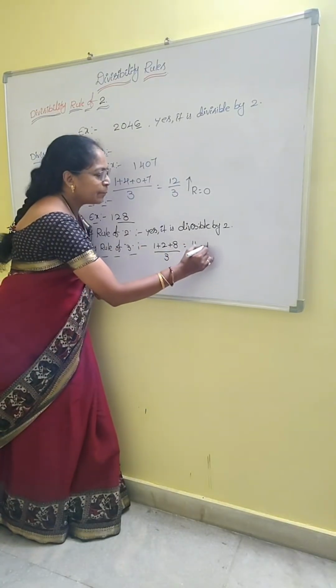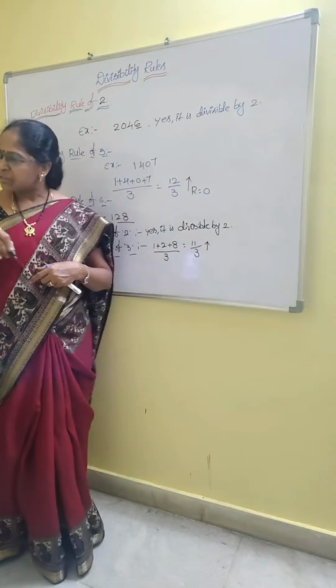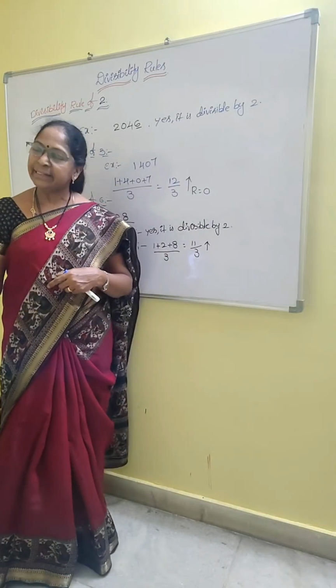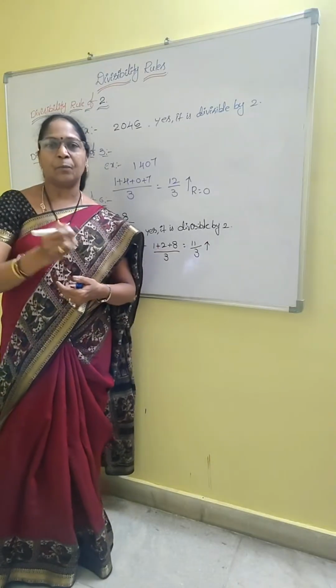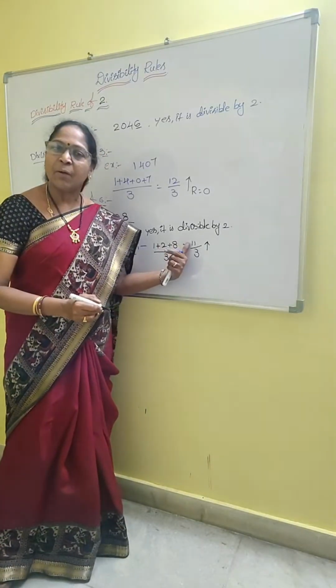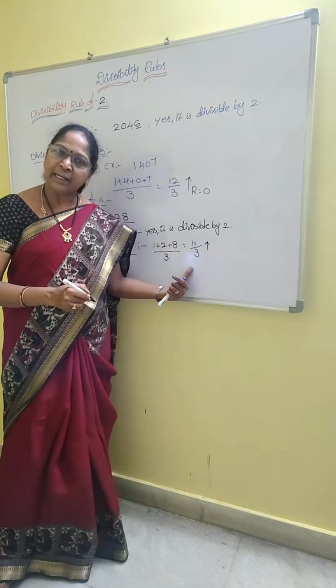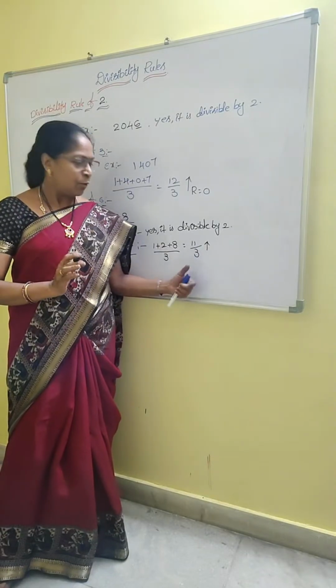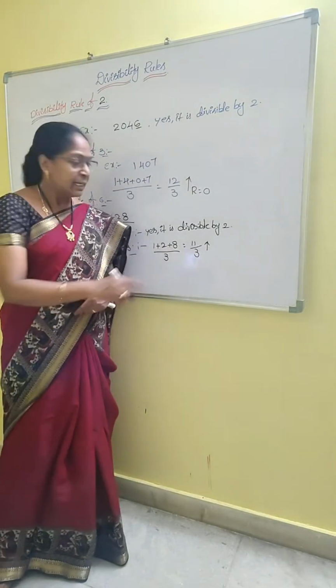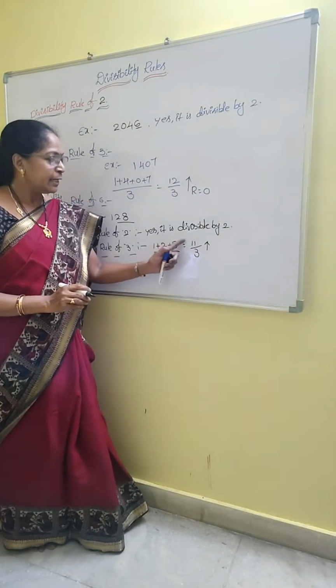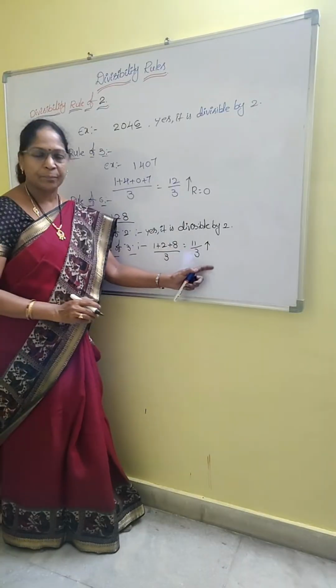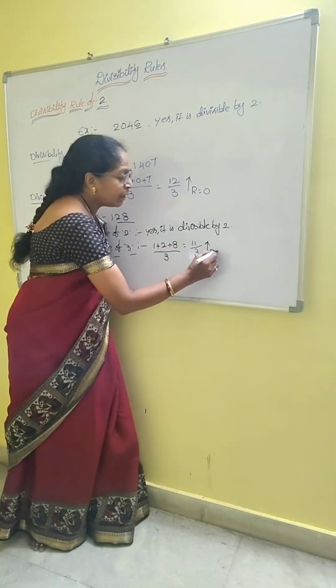11 by 3. Is 11 divisible by 3? Write your answer in the comment section. Yes or no? Is 11 divisible by 3? No. Why? Because 3 times 4 is 12, so this is not divisible. 3 times 3 is 9, so here you are getting remainder 2.